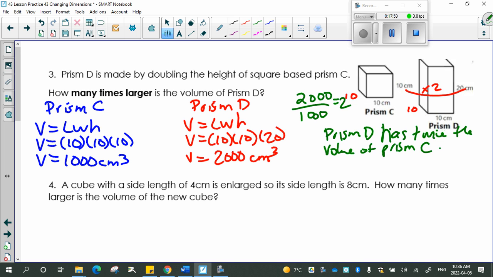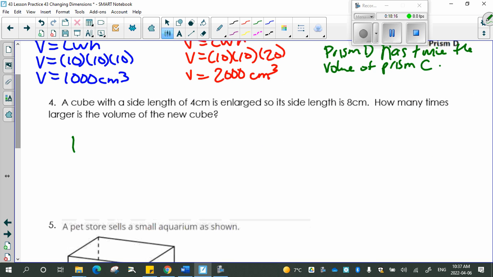Okay? All right, so number 4, a cube with a side length of 4 centimeters is enlarged so its side length is 8 centimeters. How many times larger is the volume of the new cube? So if you need to draw a picture, so we've got a smaller cube. Not very good at this, but try here.